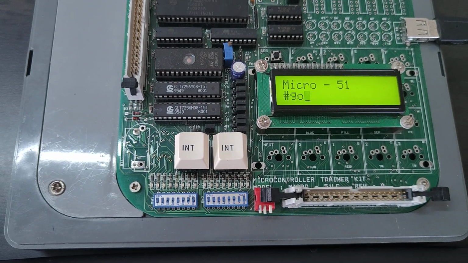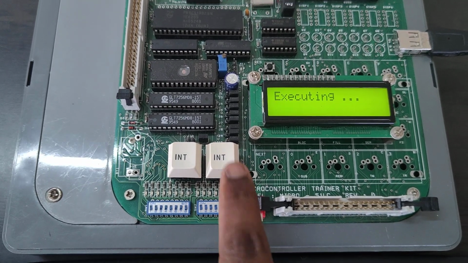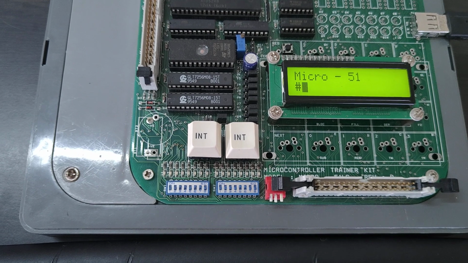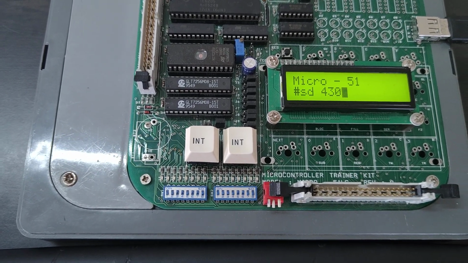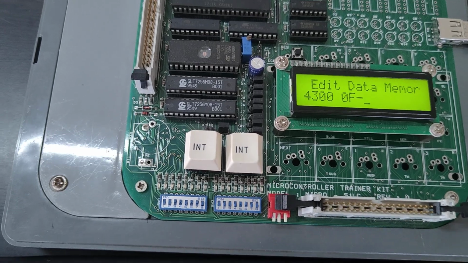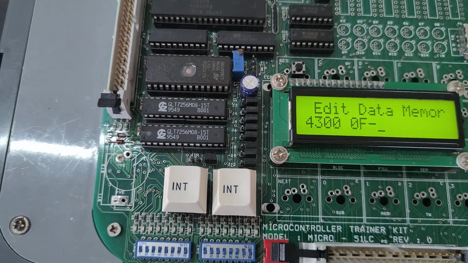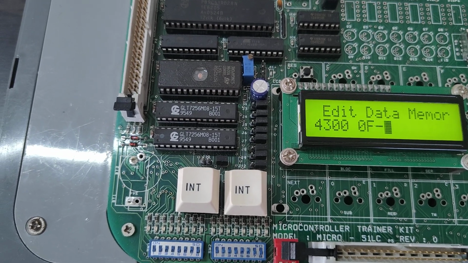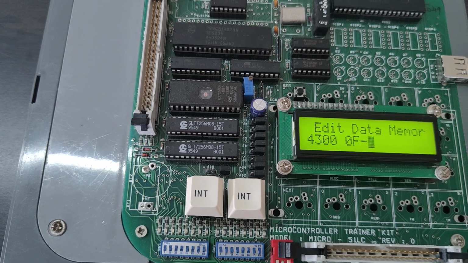Go space 1000. Press reset. To check your output, SD, the output address will be 4300. So in 4300, my answer is 0F. As per the manual calculation the answer is 0F, and by executing on the 8051 kit, my answer is also 0F. Thank you.